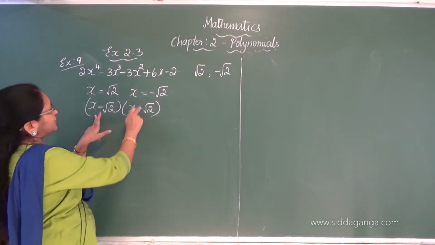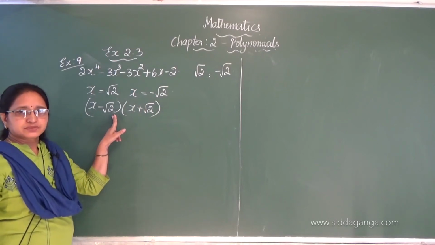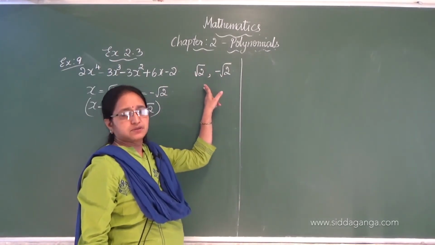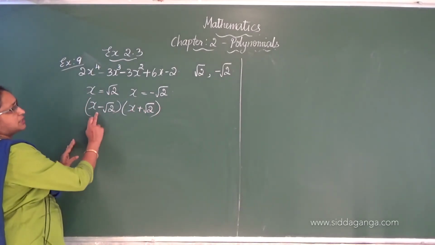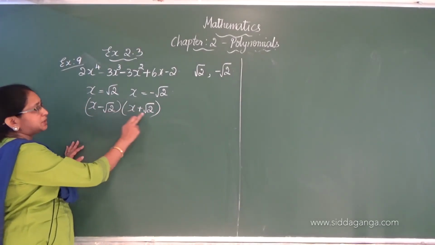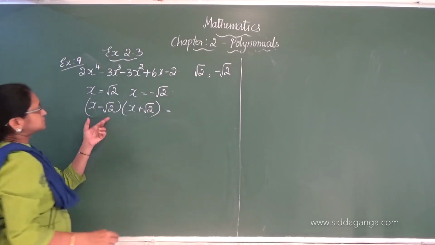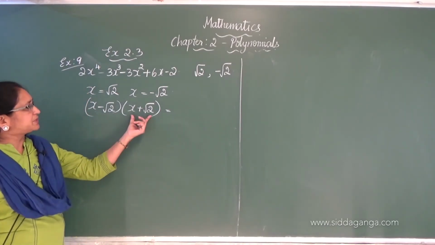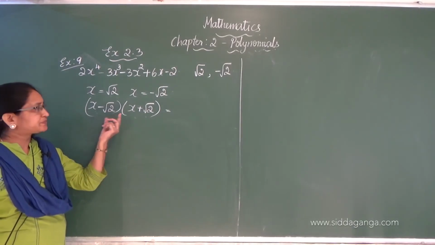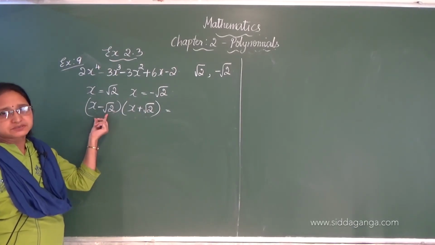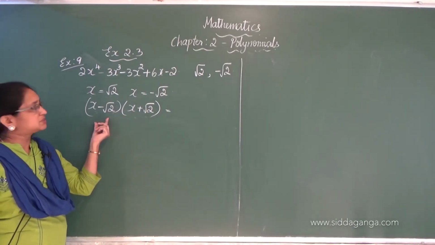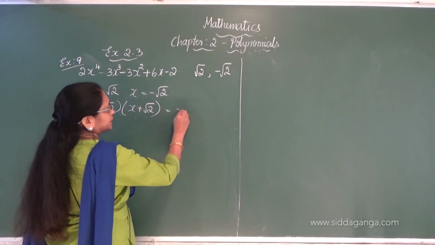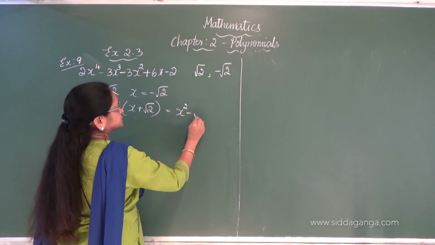These two are the factors of this, because they are telling these two are the zeros. So, now multiply these two. First step, you have to multiply these two. Now, just observe this carefully. It is in the form of a plus b into a minus b. So, you have to use the identity: a plus b into a minus b is nothing but a square minus b square.